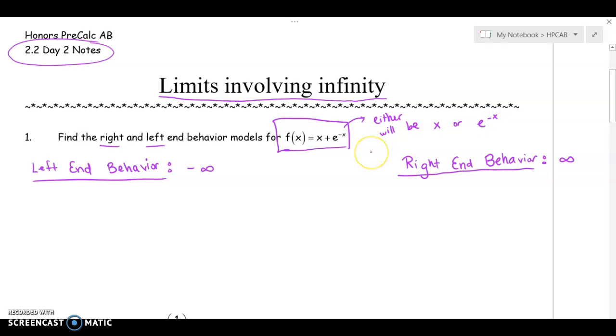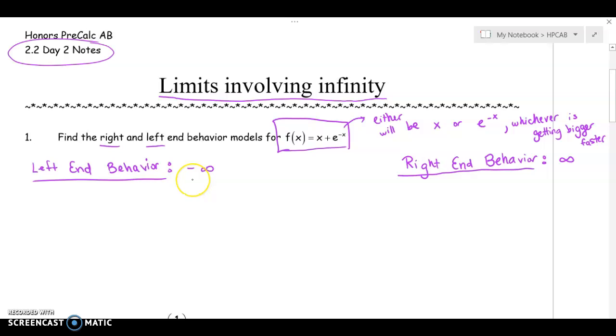It's going to be one of those two, whichever is getting bigger faster. Whichever is getting bigger faster is the one that's going to win out, and that will be our end behavior model.